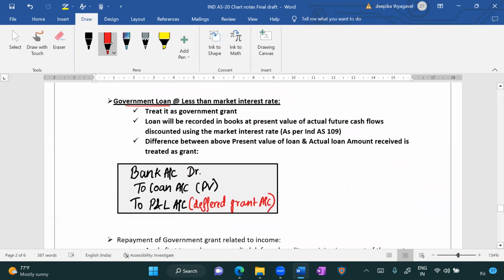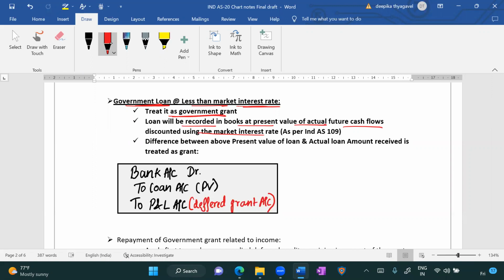And in case you receive a government loan at an interest rate which is lesser than the market interest rate, then you will treat it as a government grant, and the loan will be recorded in the books at the present value of the actual future cash flows, discounted using the market interest rate.